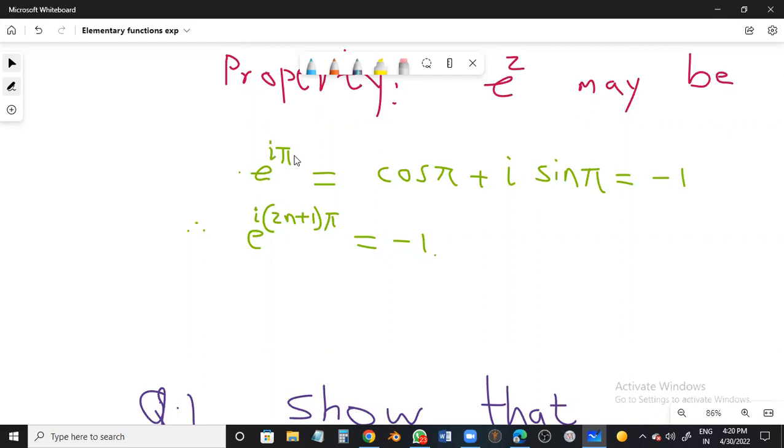And because it repeats after every 2 pi i, e raised to i times (2n plus 1) pi will always be -1. Is it okay?